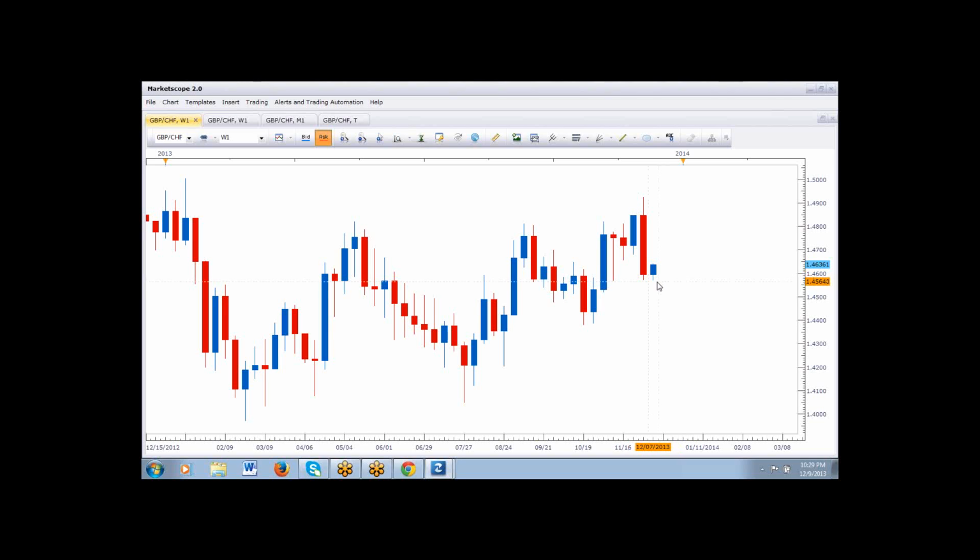One is simply looking at the lows, very important. The low of this week broke through last week's low. That to me is not a good sign.